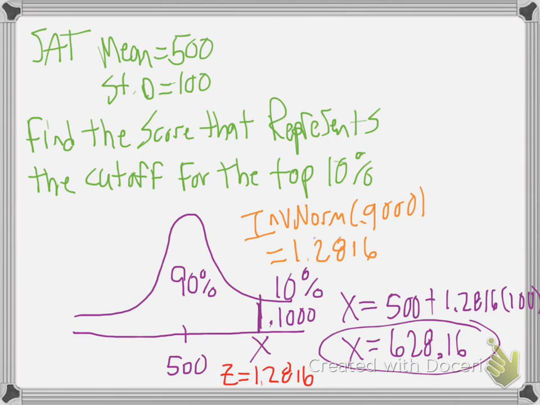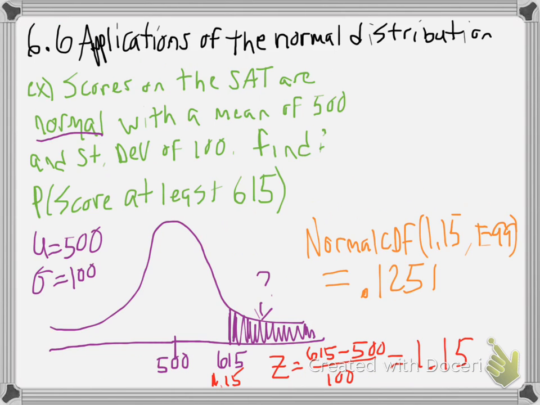So we've done examples forward and backwards. If we look at the original one, remember, the reason we did all that z-score stuff in 6.5 and finding areas is because there are real-life applications that are normal distributions. We use their mean and standard deviation to find the z-score for any x value, and then normal CDF to find the area or probability.